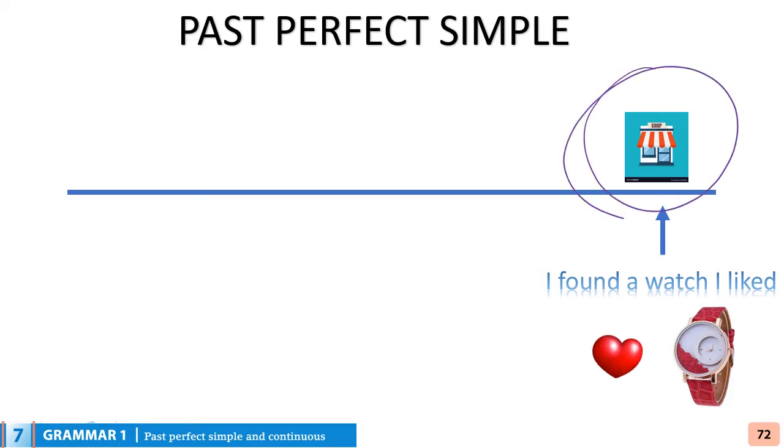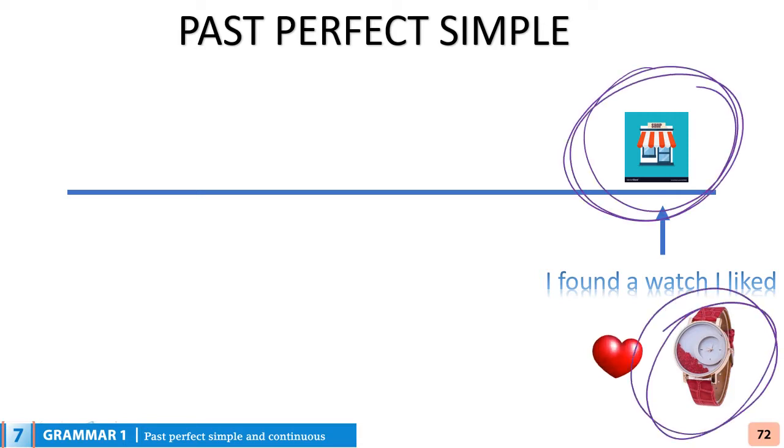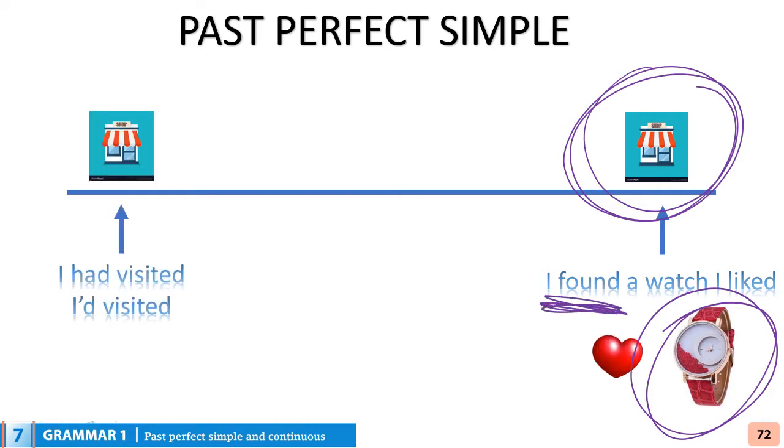Okay, so I found this shop, and inside the shop I saw this beautiful watch, and I liked it. So before that, before I found it, I had visited one shop, didn't find anything.